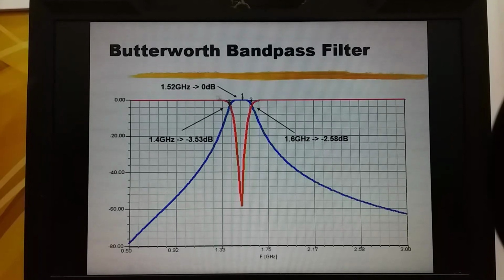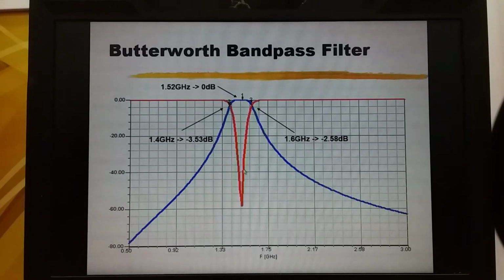In a bandpass filter, the transmission coefficient is 0 dB in the pass band, whereas the reflection coefficient is negative 60 dB or more in the pass band.